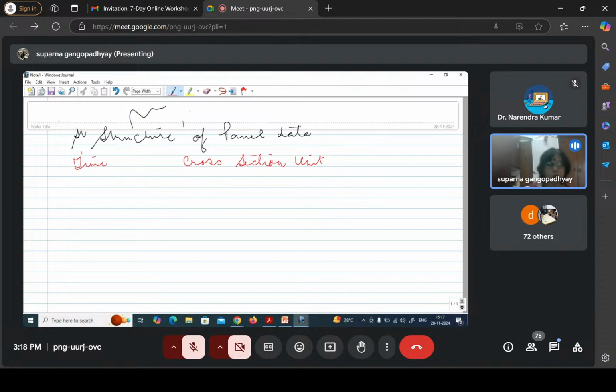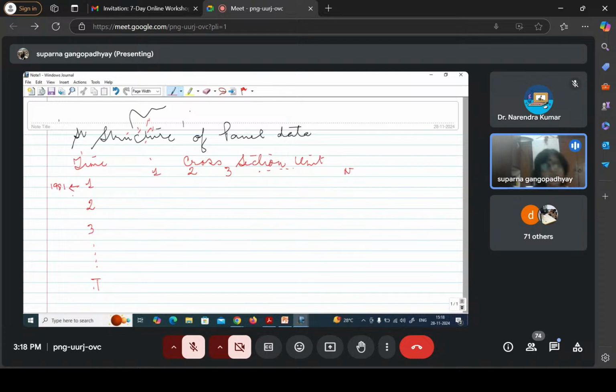So what are the time periods? Time periods say 1, 2, 3, up to T. And the cross-section units are likewise 1, 2, 3, extended up to n.